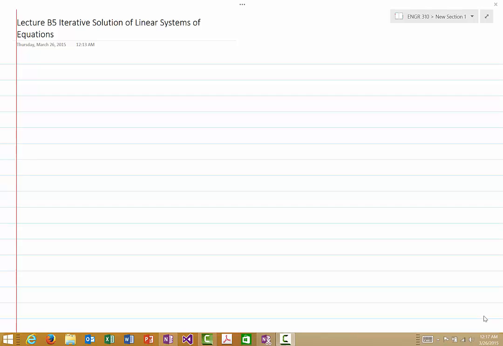And the other technique, which was a little bit more involved, had us finding the inverse of the system matrix using the Gauss-Jordan elimination.